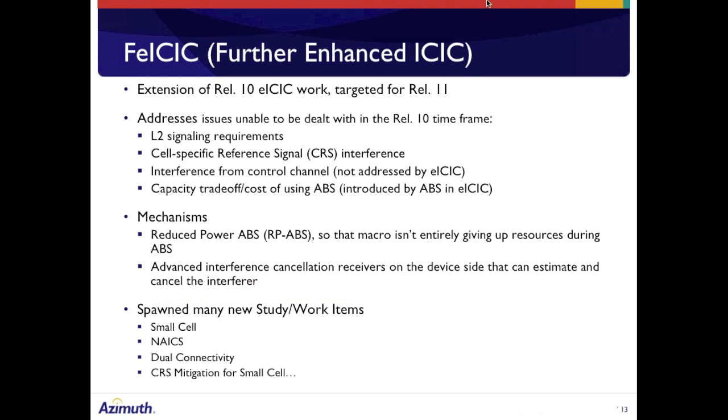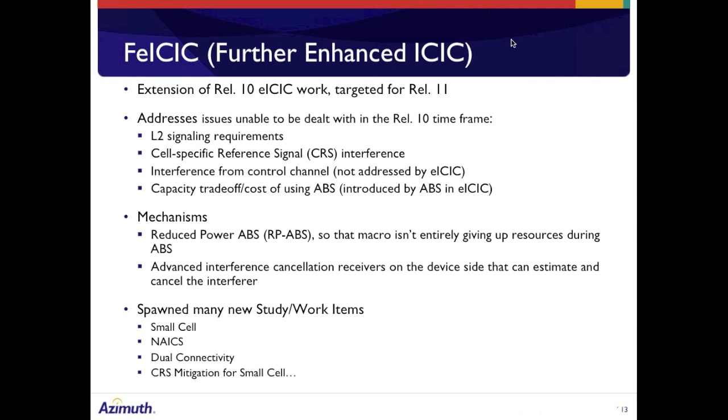And so, as I said, the further enhanced ICIC was an extension of work for release 10, targeted for release 11. There were some unanswered questions that they had, and they needed to spend more time on it, but if they had spent the time, then they would have delayed release 10, which would have been a bad thing.